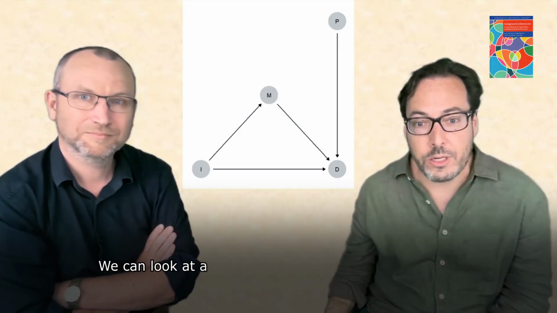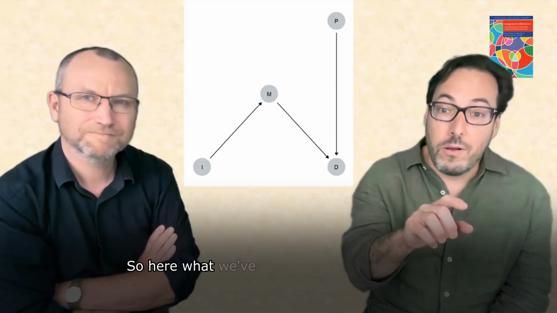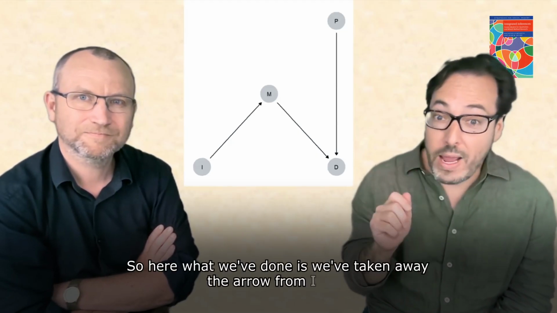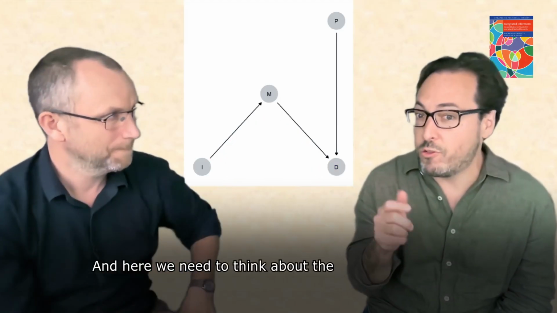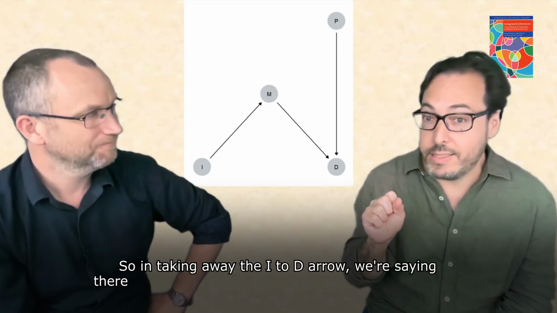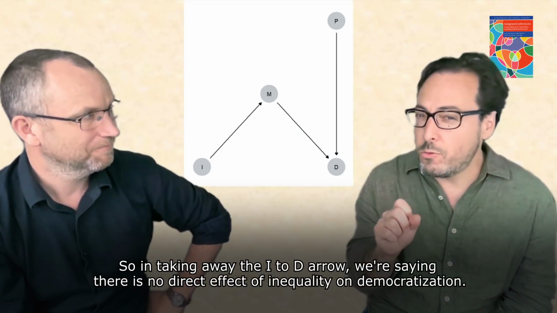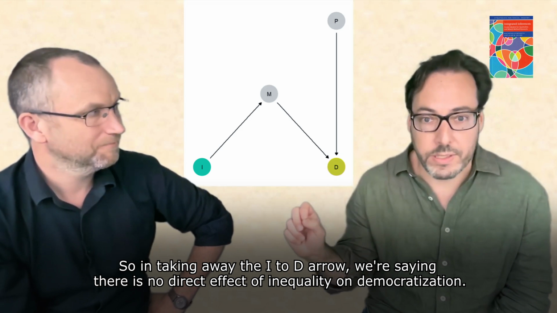We can look at a somewhat more subtle version of that in this next graph. So here, what we've done is we've taken away the arrow from I to D. And here we need to think about the difference between direct effects and indirect effects. So in taking away the I to D arrow, we're saying there is no direct effect of inequality on democratization.